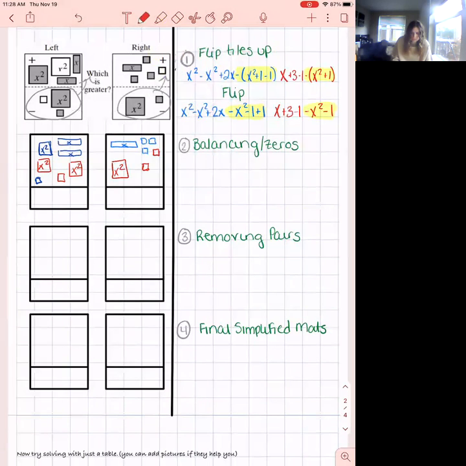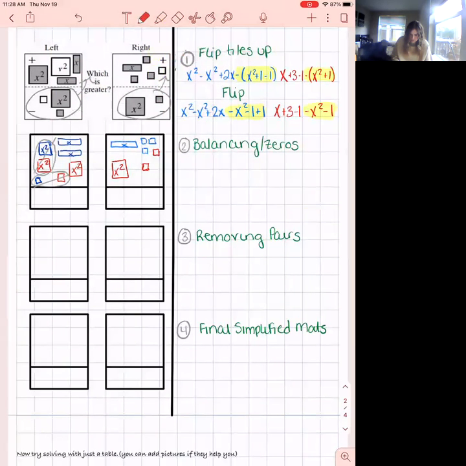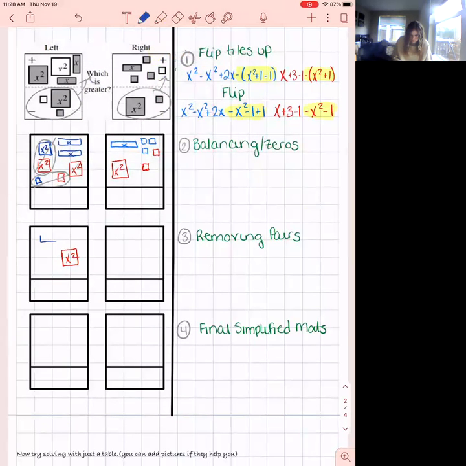Now I need to do my zeros. So I'm looking for different colors. So there's a 0, there's a 0. I'll redraw that side. I still have an x squared, and I still have 2 blue x's.